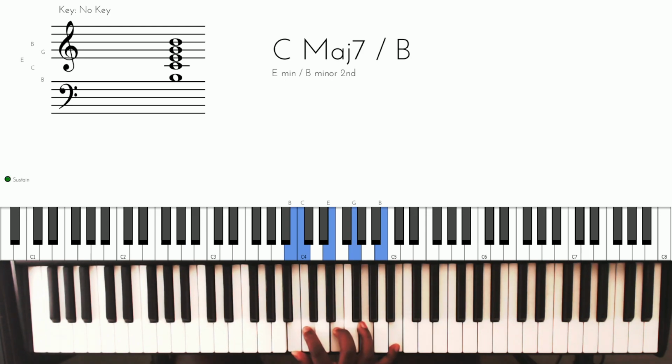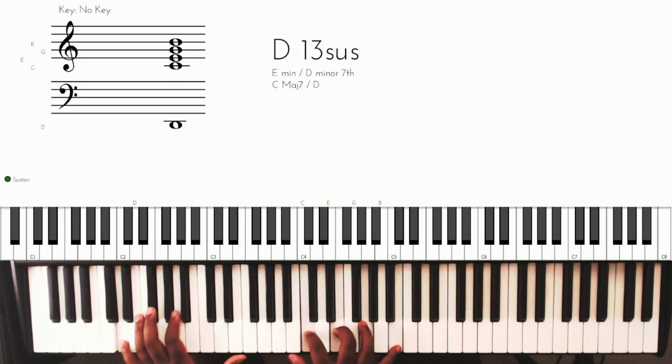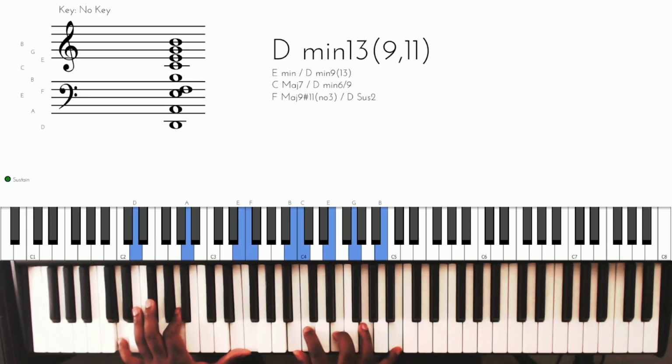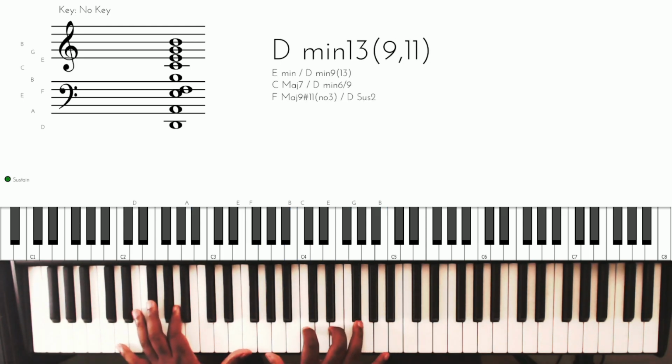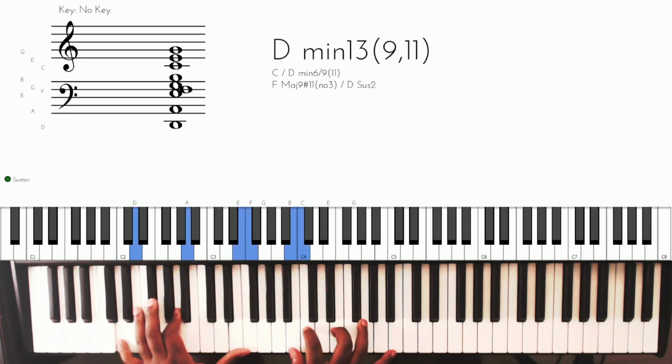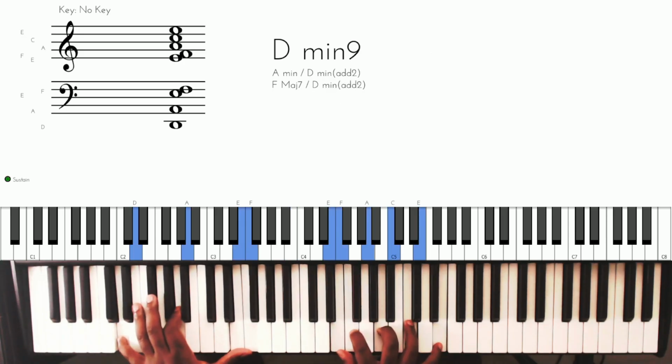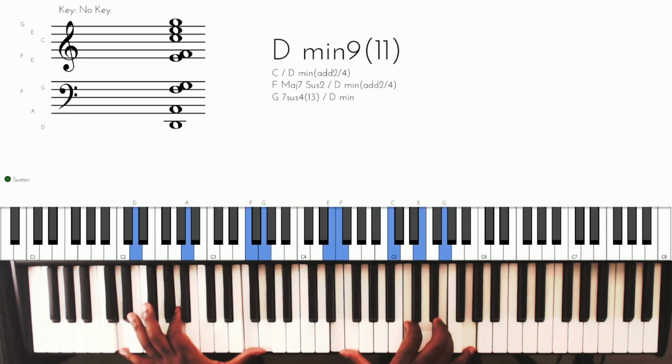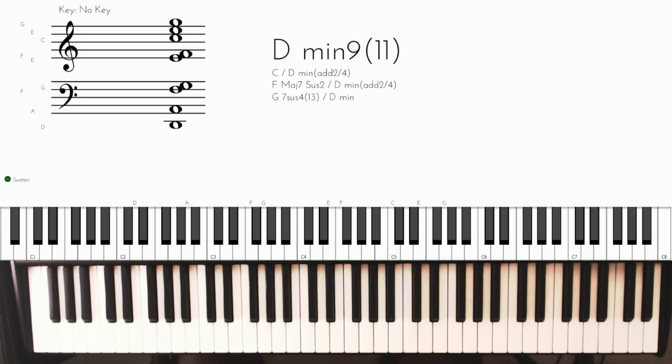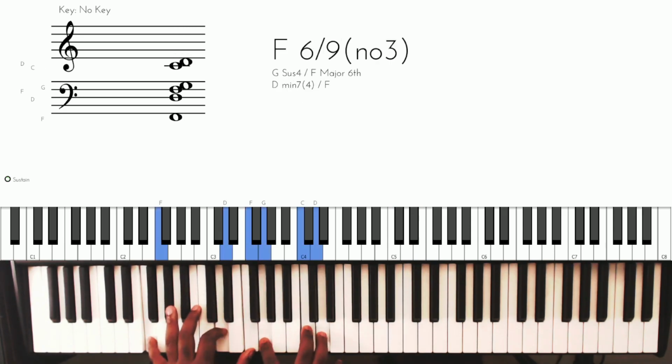So this is playing the C minor 7 over the D. So we have this, this, this, this. So we're opening up the chord, and let's now move on to the 4.